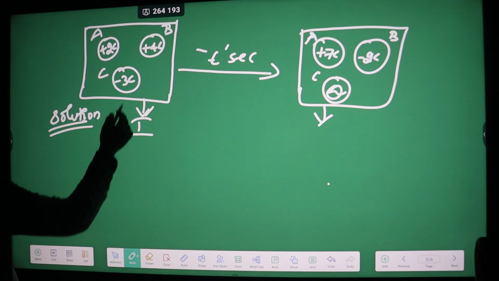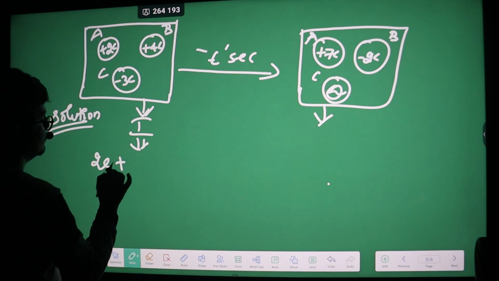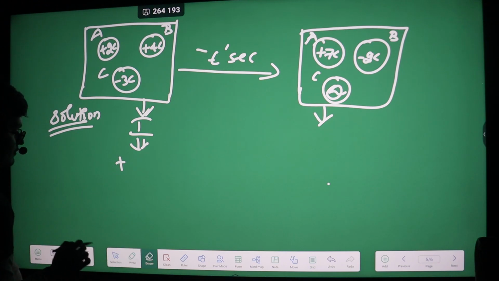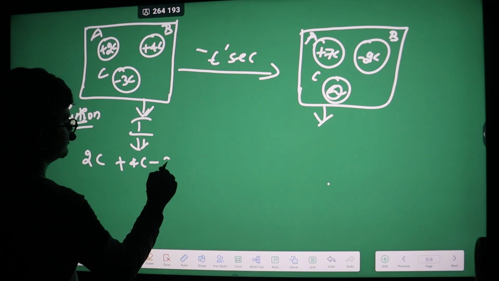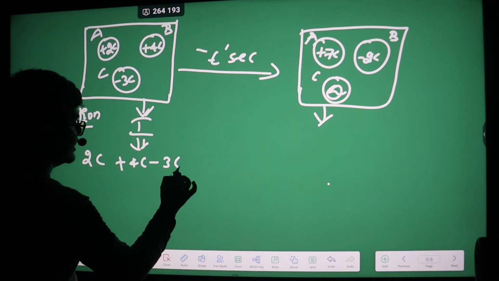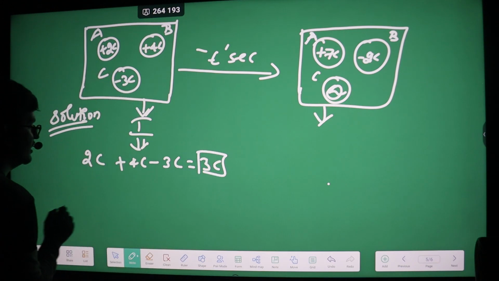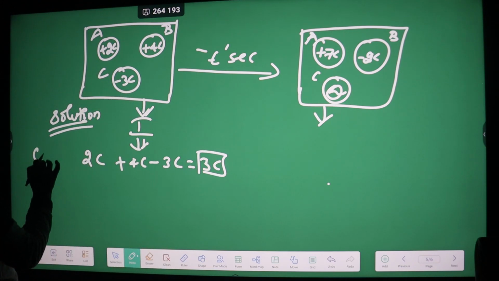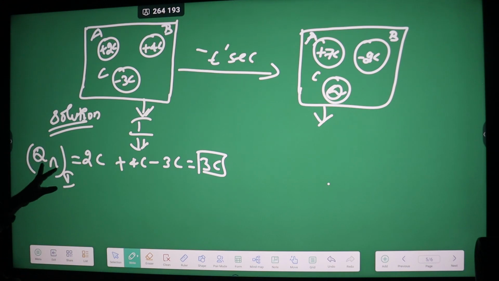So here, what is the net charge? 2 coulomb plus 4 coulomb plus minus 3 coulomb. How much is the net charge? 6 minus 3, that is 3 coulomb is the net charge. Net charge of isolated system 1 is equal to 3 coulomb.